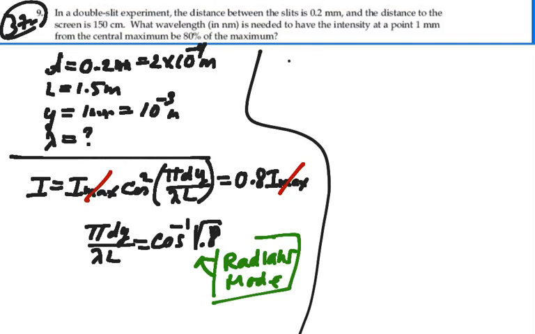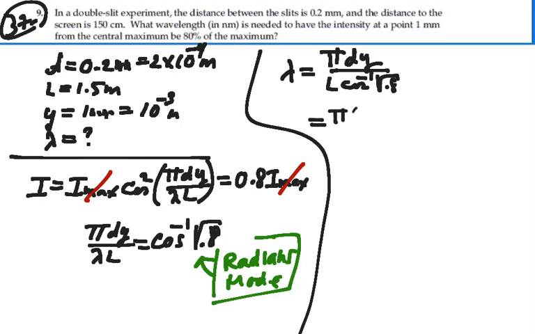So we are going to have that lambda is equal to pi d y over L times the inverse cosine of the square root of 0.8.